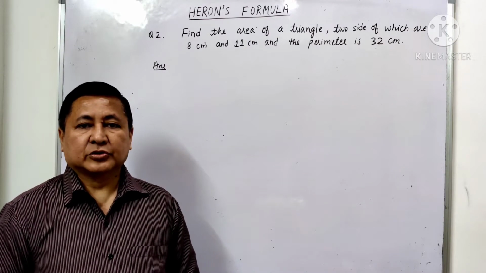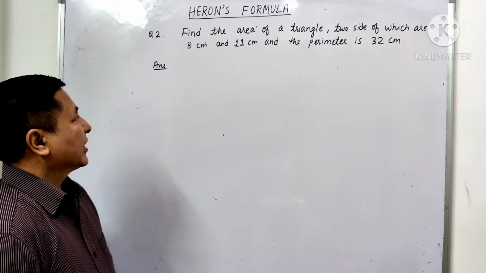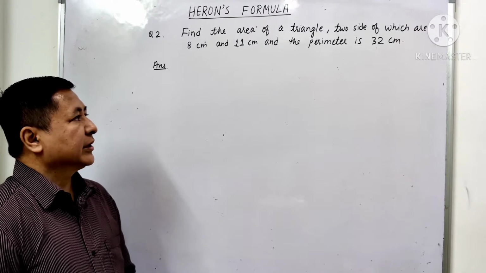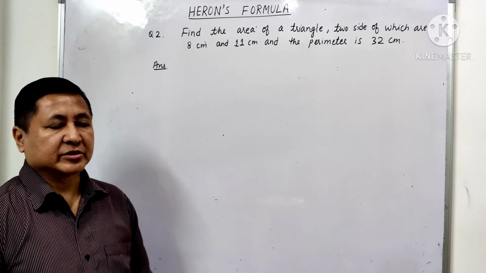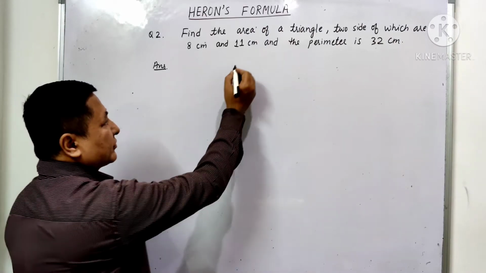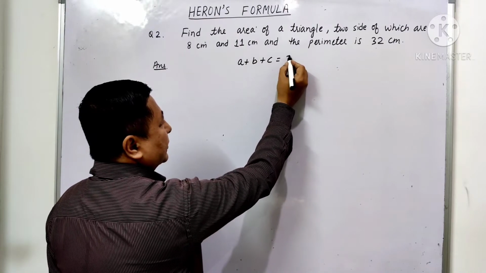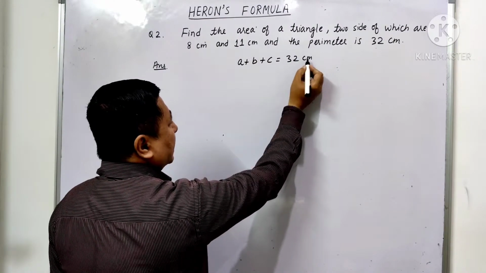Now let us solve question number 2. Find the area of a triangle two sides of which are 8 cm and 11 cm and the perimeter is 32 cm. Now we know that the sum of all the three sides is equal to the perimeter, therefore A plus B plus C is equal to 32 cm.